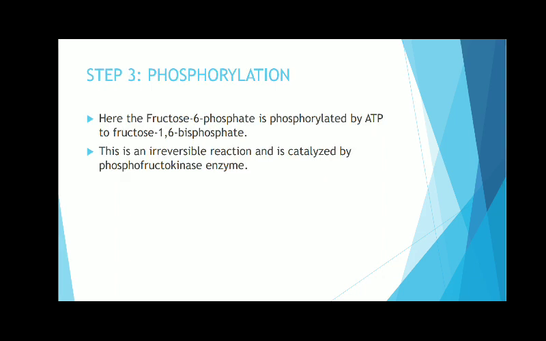In step 3, phosphorylation, the fructose 6 phosphate is phosphorylated by ATP to fructose 1,6 biphosphate. Now, this is an irreversible reaction, which means it cannot be reversed, and is catalyzed by the phosphofructokinase enzyme. So, phosphofructokinase enzyme plays the role of catalyst in step 3 of glycolysis, that is phosphorylation.